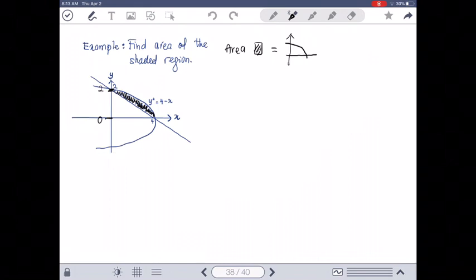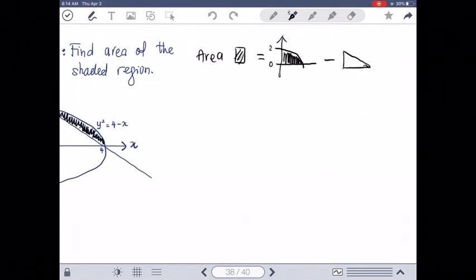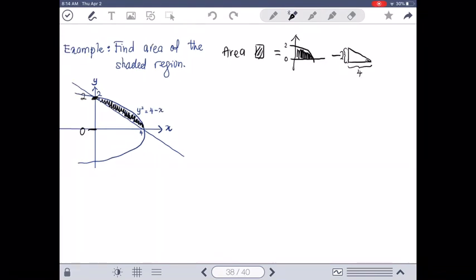the whole area below the curve from 0 until 2 minus the area of the right angle triangle. So if you look at the right angle triangle, this height is 2 units and the width is 4 units.